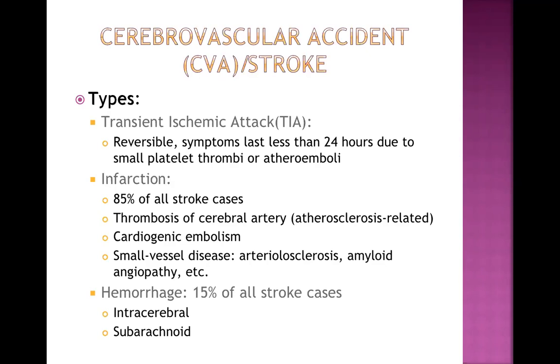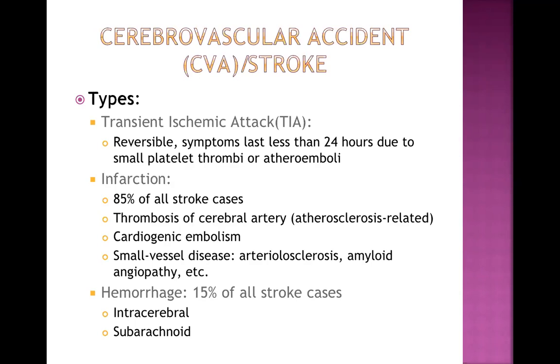Now, what are the types of stroke or cerebrovascular accident? There are mainly three types: TIA or transient ischemic attack, infarction, and hemorrhage. Now, transient ischemic attack or TIA means, okay, this is a type of stroke or CVA where symptoms last less than 24 hours.